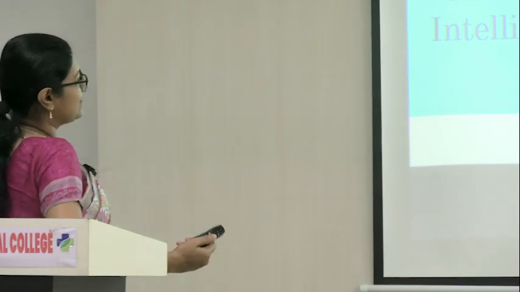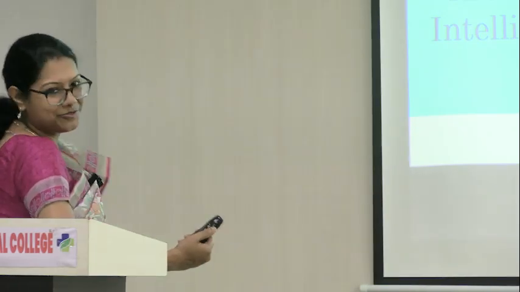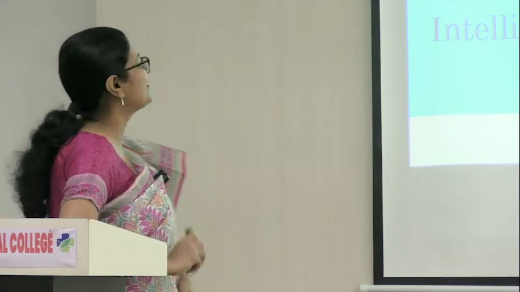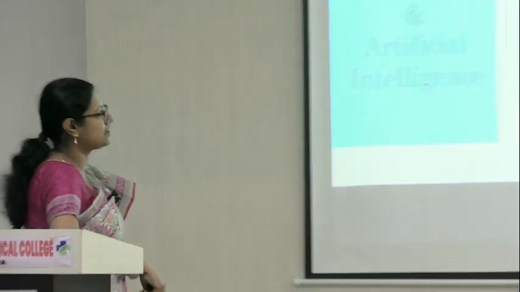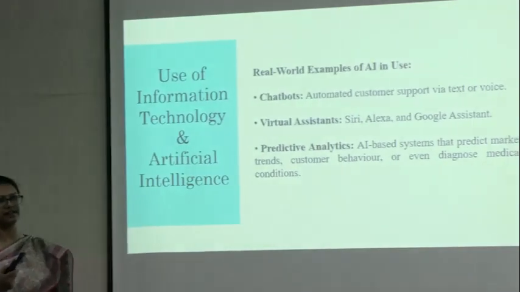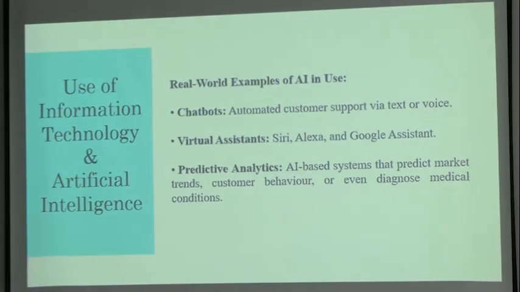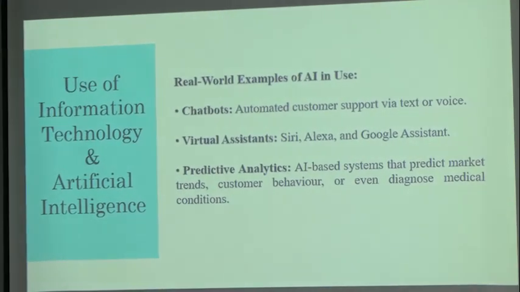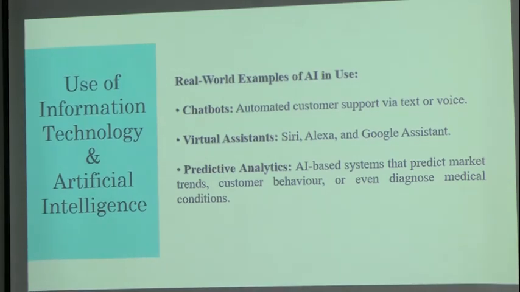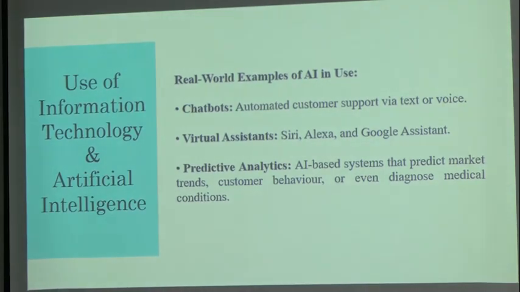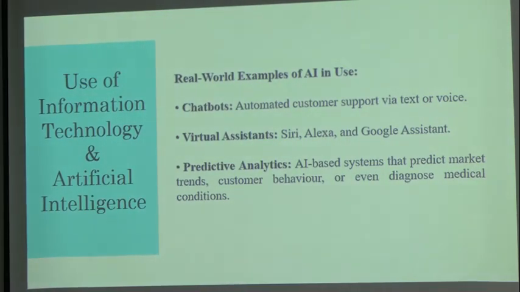Then there are virtual assistants: Siri, Alexa, and Google Assistant. I'm sure all of you know this. Just one example in virtual assistants: whenever we are moving in a car, even in Uber cars, we will see they have this virtual assistant, where we put in our location, and then they guide us to go right side, go left side.